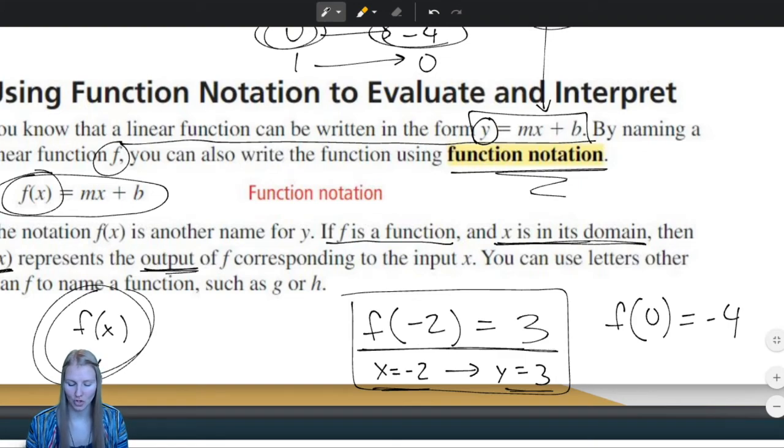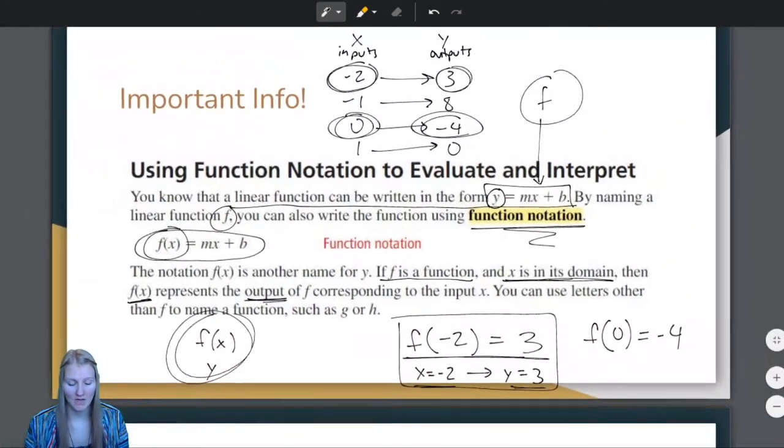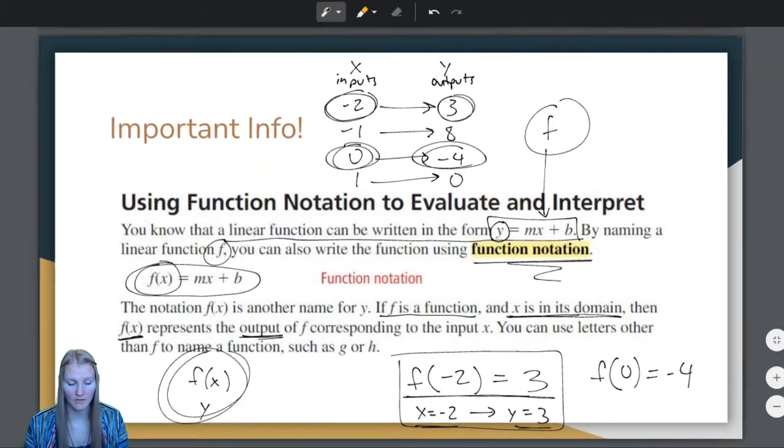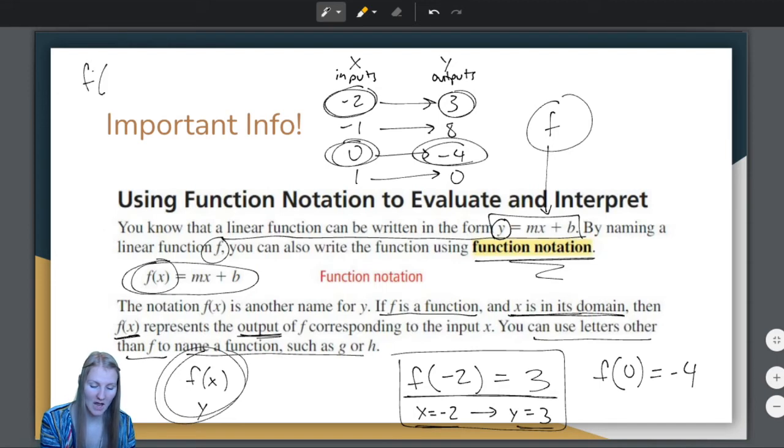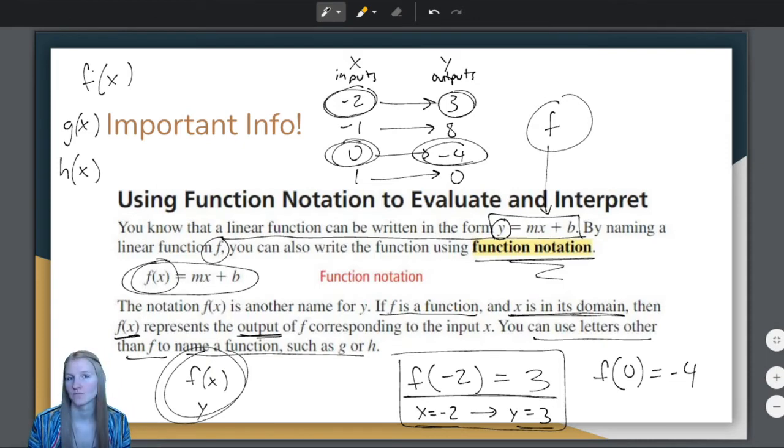And if that didn't totally make sense to you, that's okay, because we're going to do several examples of things like this today. Also, one more quick note, you can use letters other than f to name a function. So we can have f of x, g of x, h of x, whatever you want.